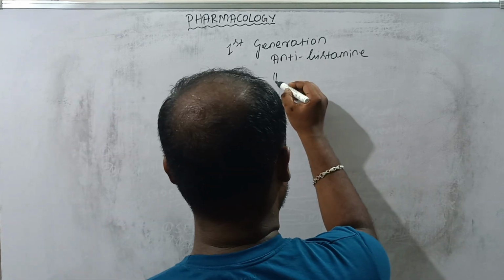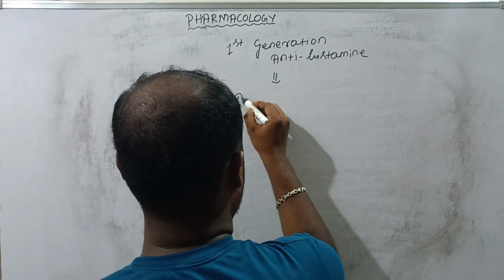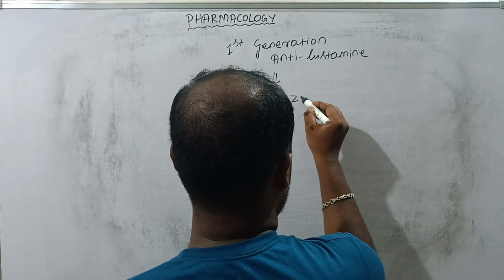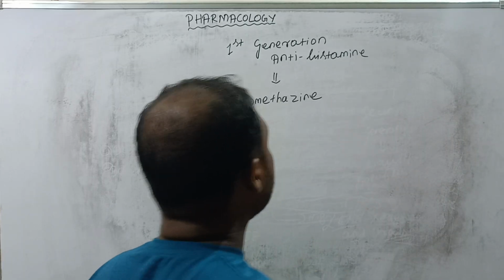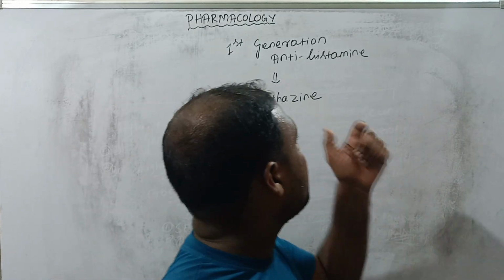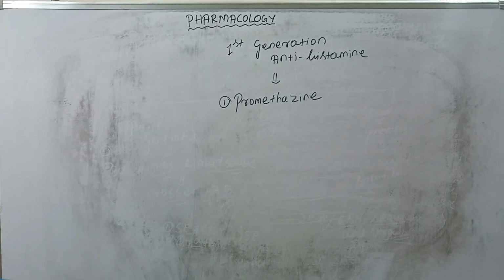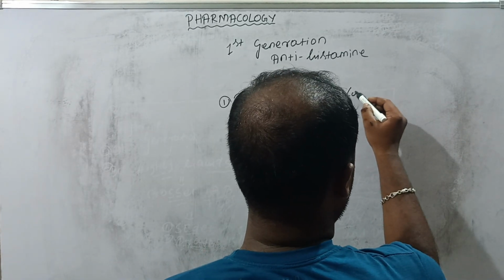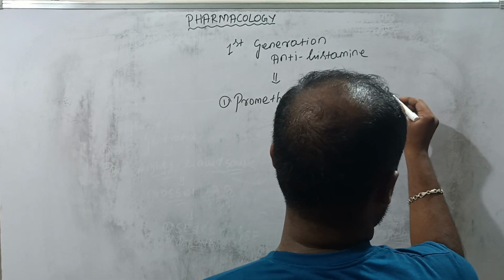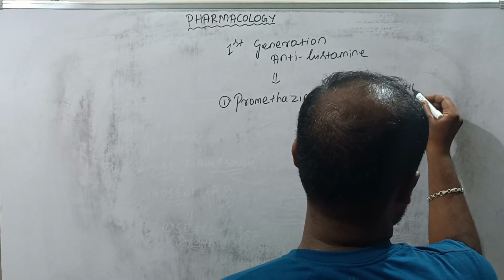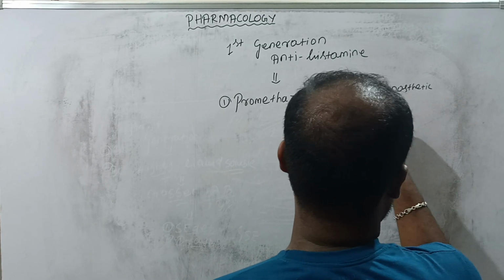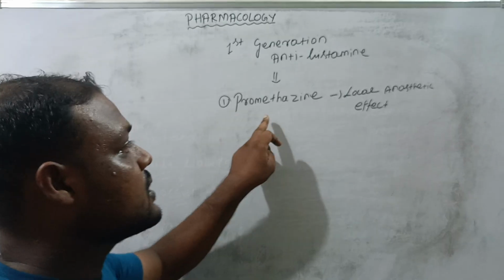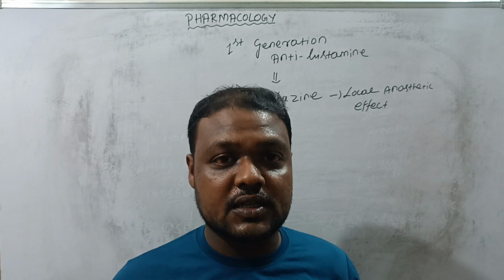First one is promethazine. Clear? The first generation antihistamine drug is promethazine, and promethazine causes a local anesthetic effect.